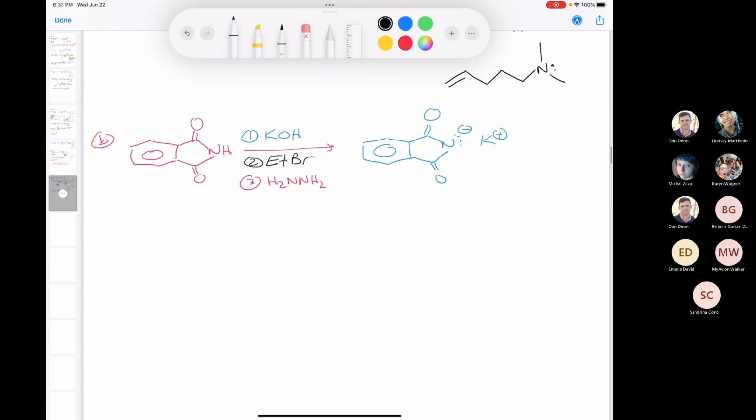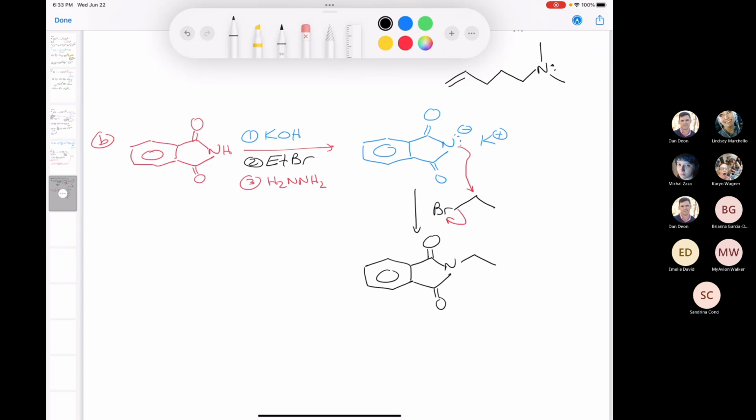So we have our ethyl bromide like this. We have our nucleophilic attack, loss of leaving group, and that's going to give us the ethyl group on the nitrogen, like that.